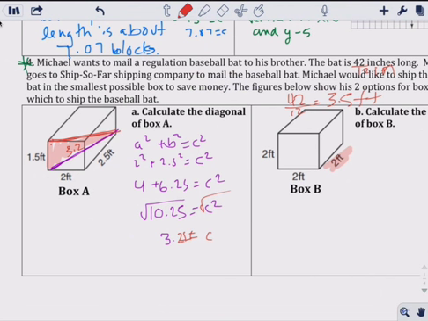Feet. Alright, then A squared plus B squared, 1.5 squared plus 3.2 squared equals C squared.